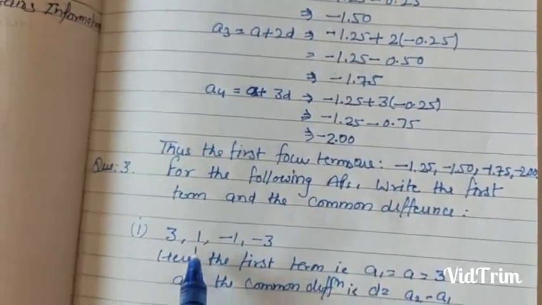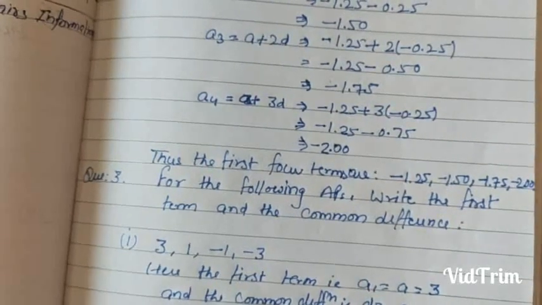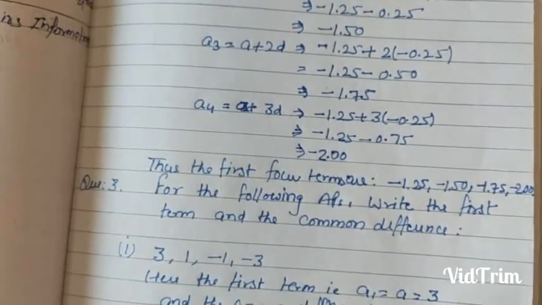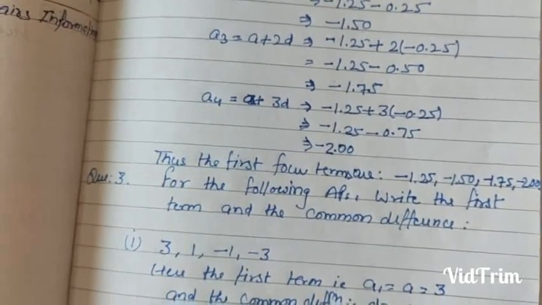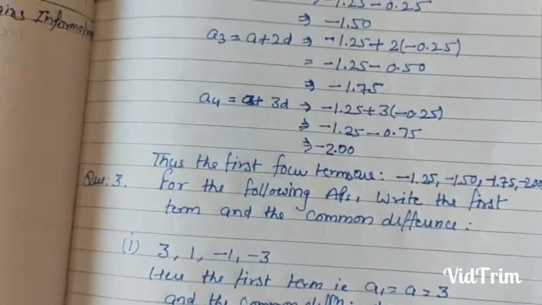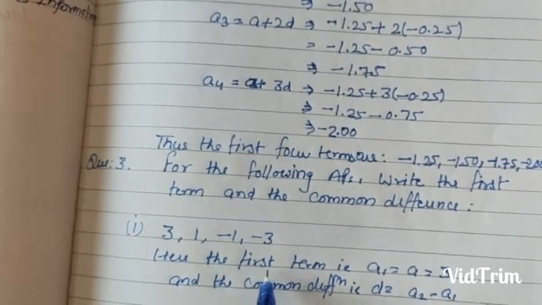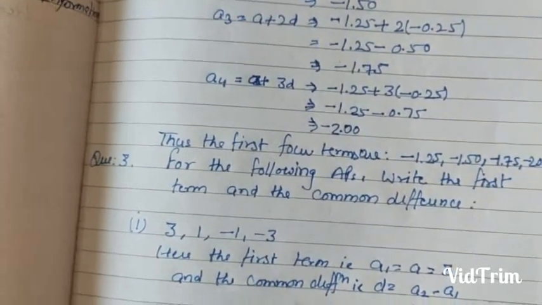The second term A2 is 1, so 1 minus A1, that is 1 minus 3, becomes -2. So this is our first part.